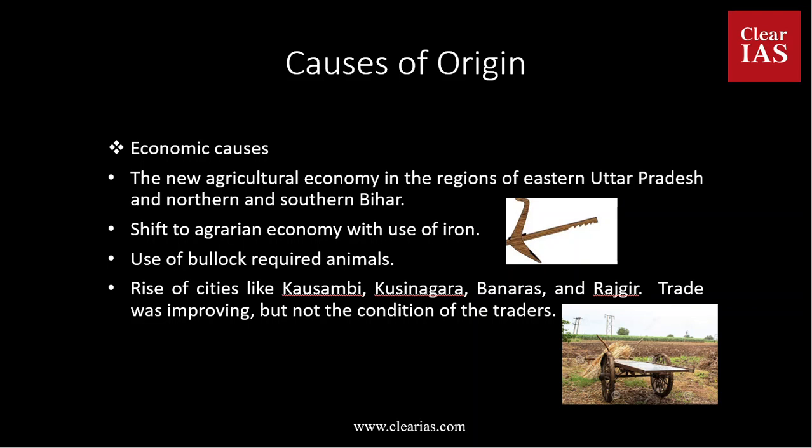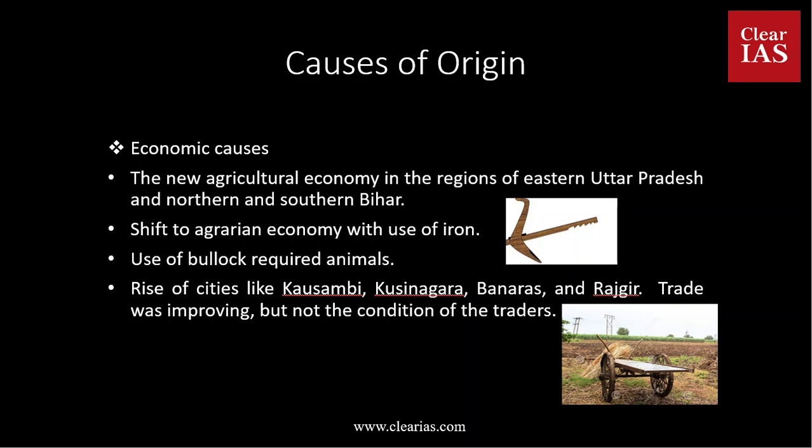Similarly, the Kshatriyas were the ones who were taking charge of the societies in terms of rulership. But it was the traders and the Shudras who were seen to be left behind.